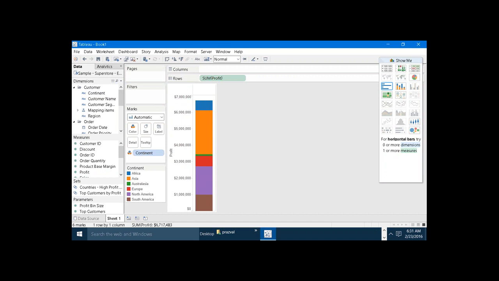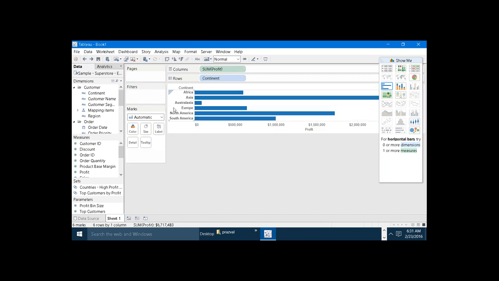Before converting to stacked bar, we got the horizontal bar chart, where each and every continent is shown with a different bar. After performing the stacking, Tableau has combined them.